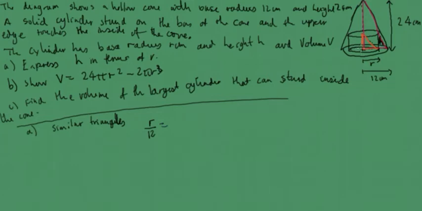So the height of the triangle for our big triangle is going to be 24, and we're going to actually use, there's another similar triangle in here, this one here.